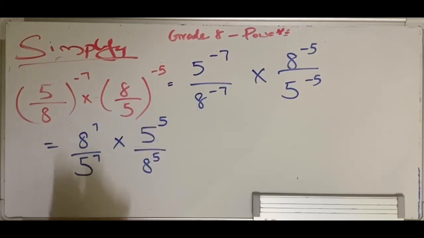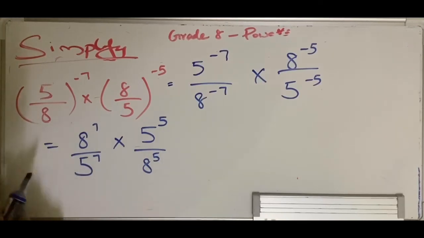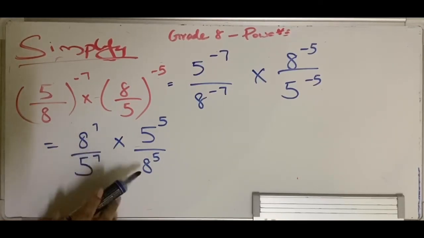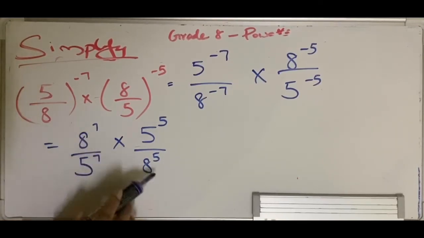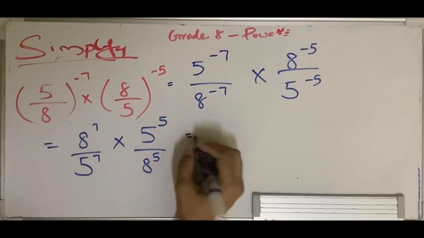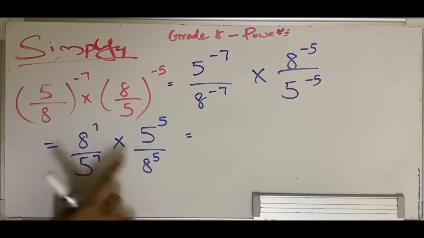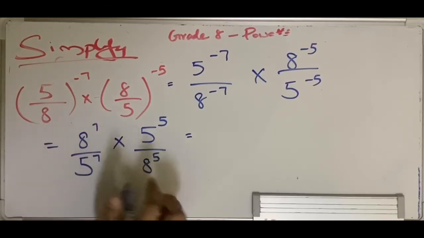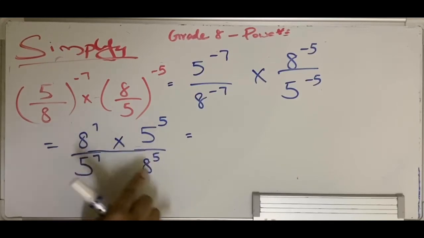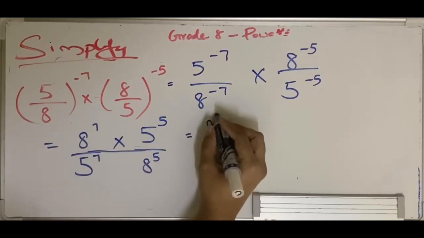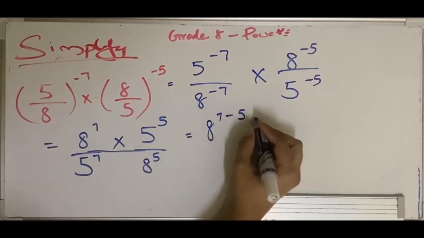Now in order to solve this, you know that when I have 8 raised to 7 and 8 raised to 5, right, these are the same base. So same base means you can just subtract the powers because it's division, right? It is 8 raised to 7 divide by 8 raised to 5 will be 8 raised to 7 minus 5.